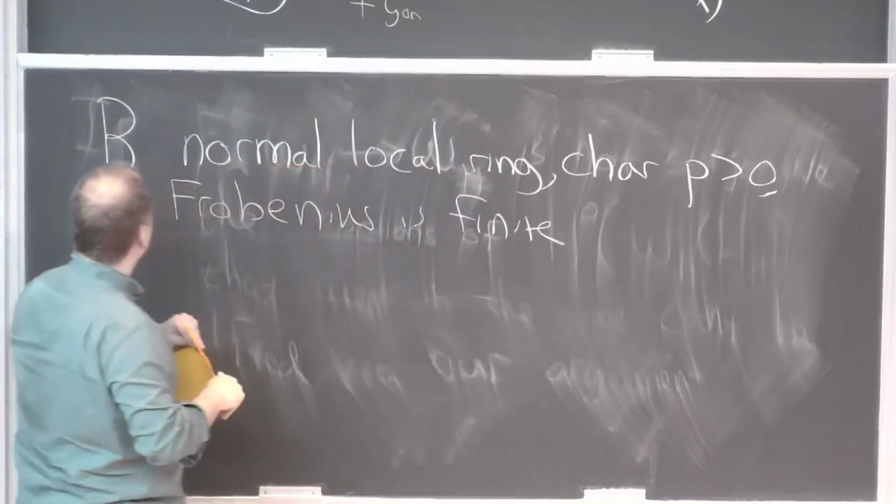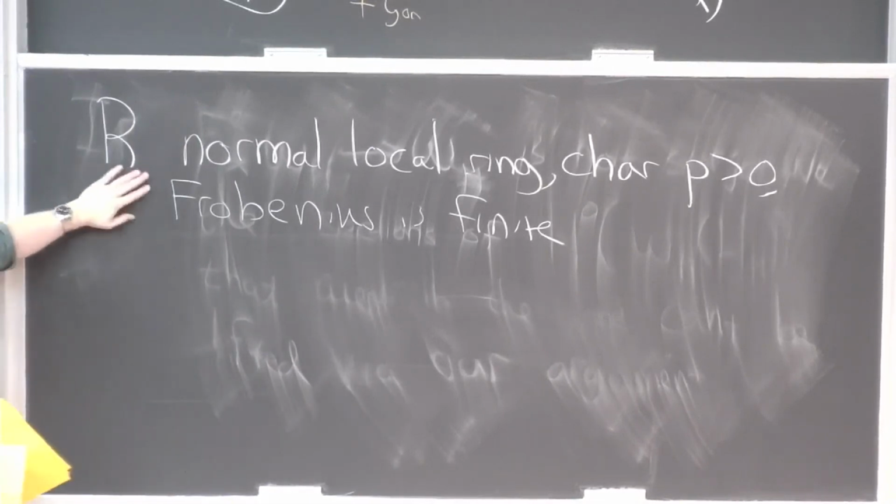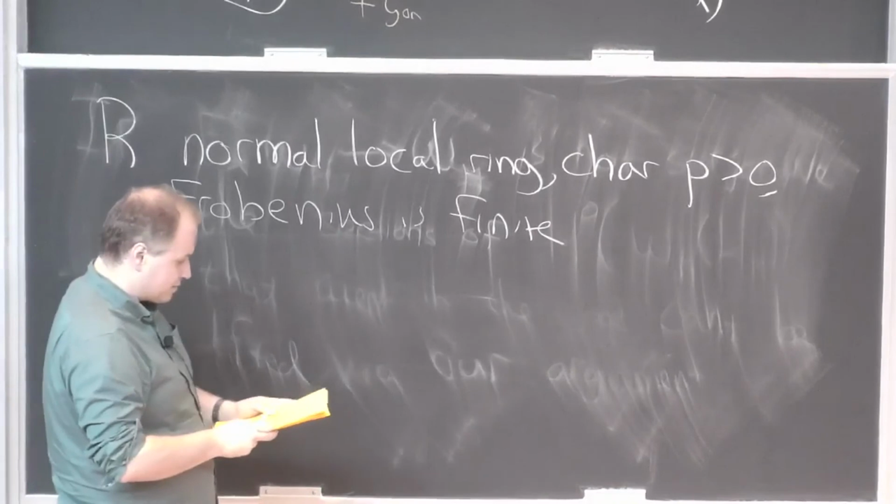It turns out the fact that Frobenius is finite implies that R, if you're worried about such things, is excellent. That's a result of Kunz. It implies it's actually a quotient of a regular ring and hence has a dualizing complex as a result of Gabber. So if you have a normal local ring of characteristic p and Frobenius is finite, it's a pretty nice ring. So I guess is all I'm saying.